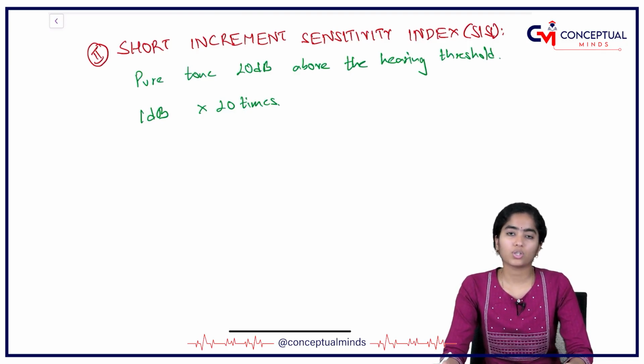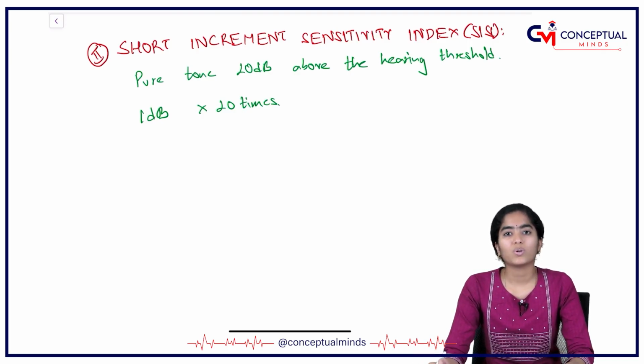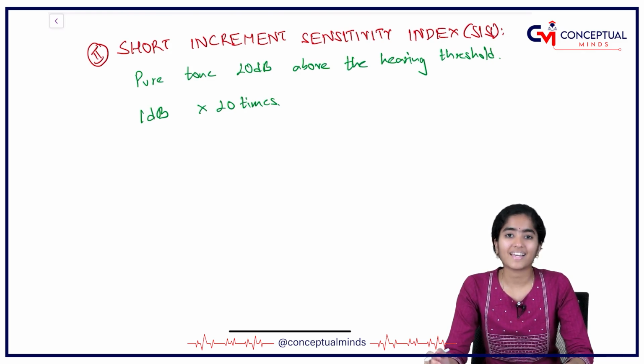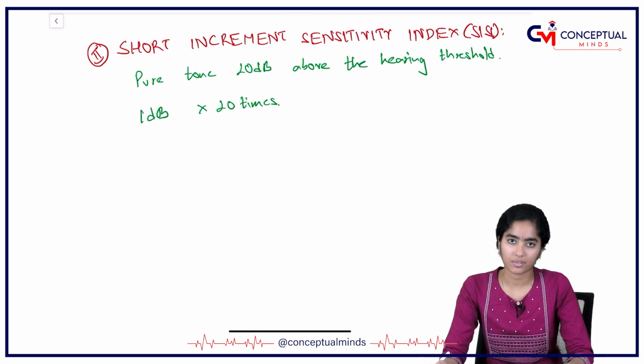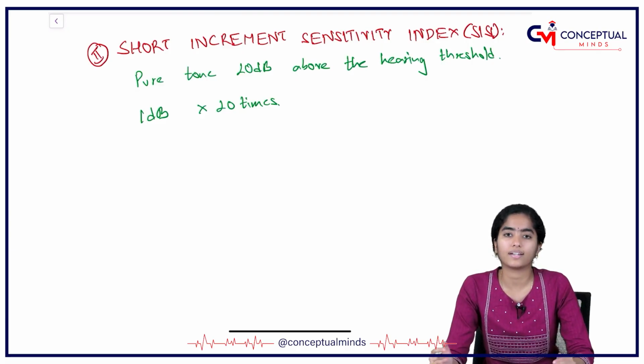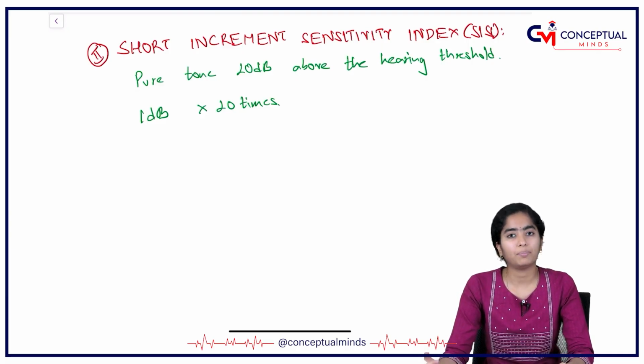But a patient with cochlear type of hearing loss will score somewhere between 70 to 100%. And a person with nerve deafness, that is an 8th nerve lesion, will score somewhere between 0 to 20%. That is, he cannot identify any difference, or he will be able to appreciate some change only once or twice in that entire 20 decibel range.